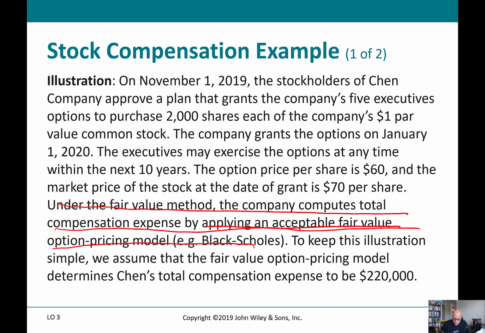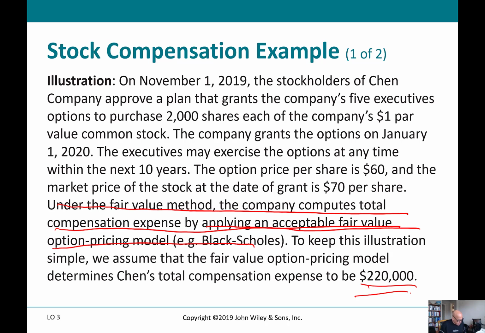To keep this illustration simple, we just go ahead and get the value of these options. And guys, that's kind of how it would be. I mean, the accountant isn't the one that has to figure out the value. Generally, that's provided through folks that have knowledge of this Black-Scholes model and how to use it.